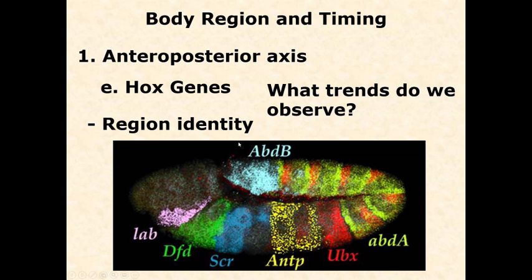The other trend that we observe is this trend of overlapping expression, where we might have some areas where there's only labial being expressed in pink. And then there's a small area where both labial and deformed, the pink and the green, are both expressed. And sometimes it's hard to see with the colors they've chosen here, but you can see an area where both sex combs reduced, SCR, and deformed, DFD, are expressed in the same cells.